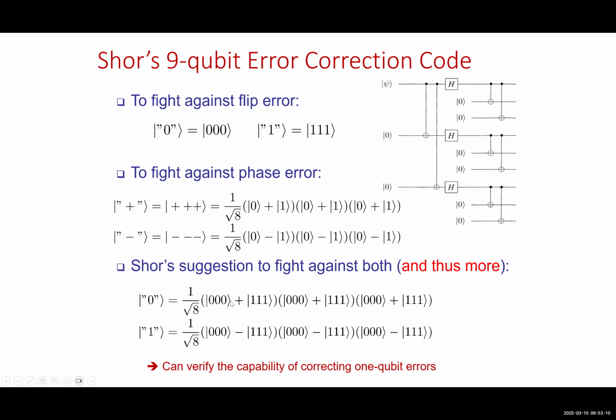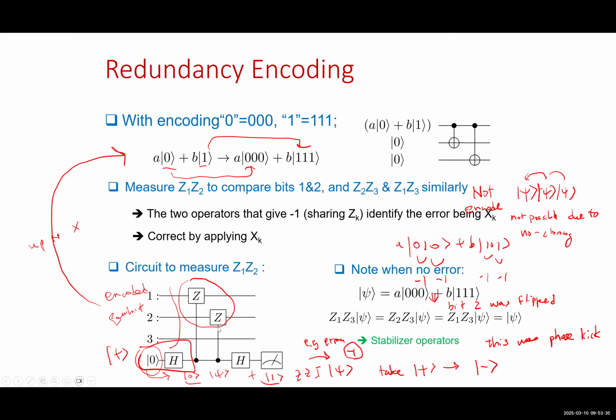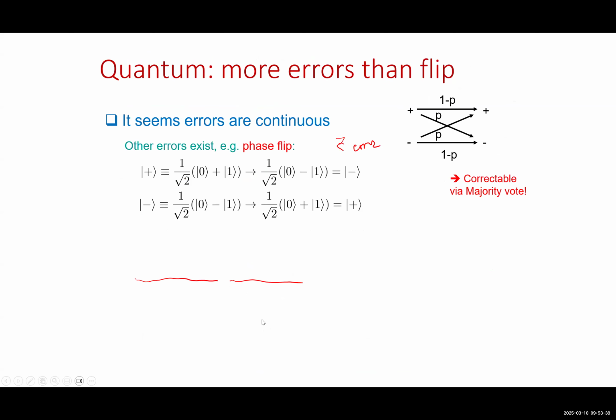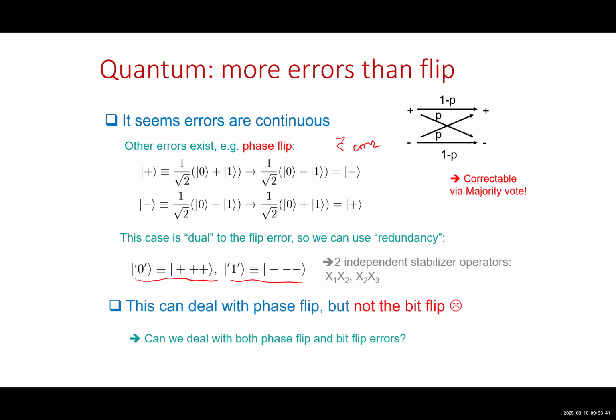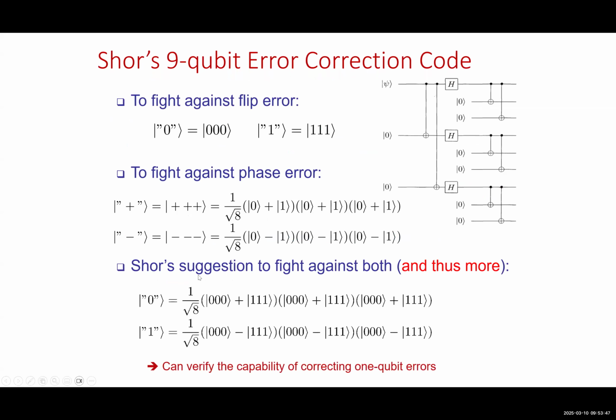Z error could happen on the first qubit, second, third, right? But actually the effect is the same. Any phase flip error on any of the 3 would create a minus sign. But this minus sign can be detected by something similar to here. You measure XXX, XXX.